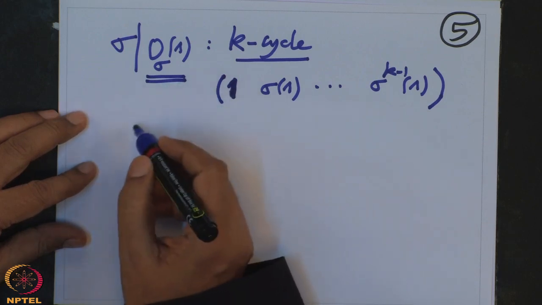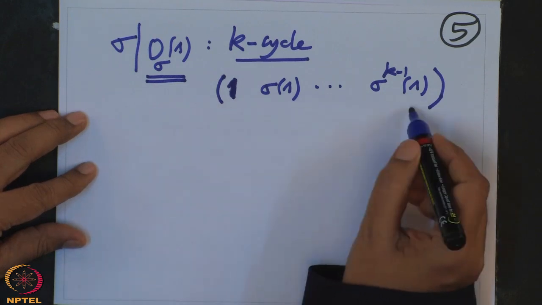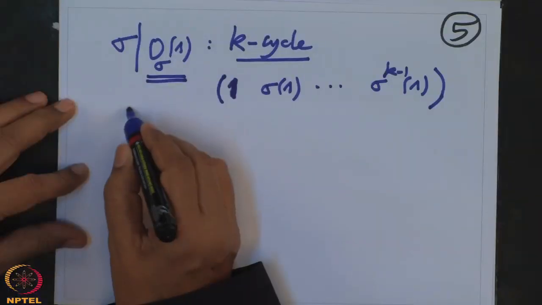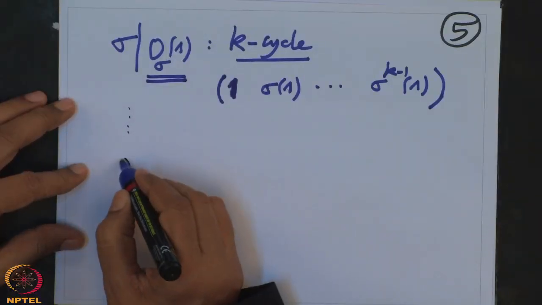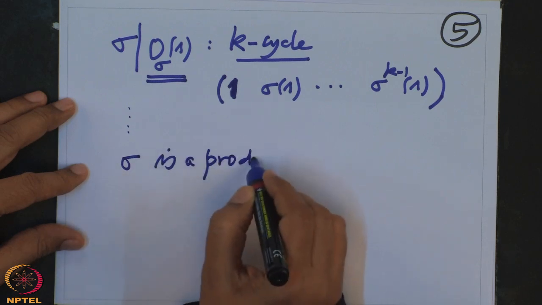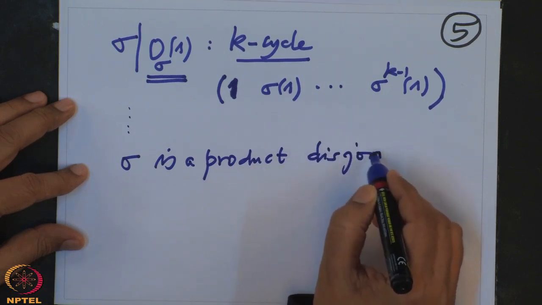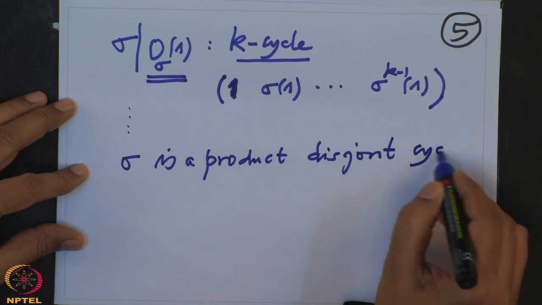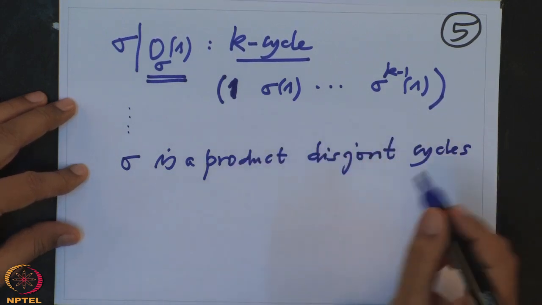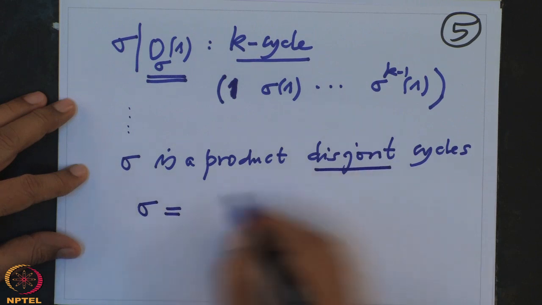So, I can do now, if 1 to sigma k minus 1 of 1 has exhausted all the letters, I keep quiet. Otherwise, I choose an element outside this and do the same thing. That means if I continue like this, sigma is a product of disjoint cycles. I have defined what is a cycle. So, that means I have written sigma as a product of disjoint cycles, that means they do not have anybody in common.